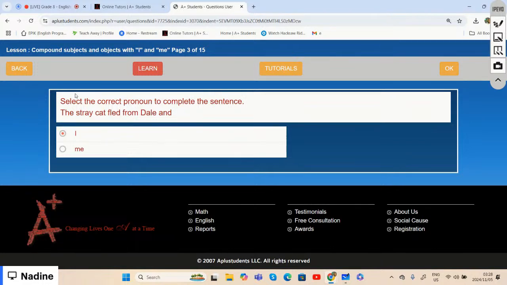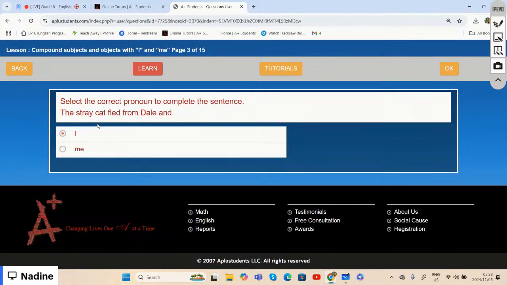So before I choose the answer, it says the stray cat. Remember, we said a subject pronoun we use usually at the beginning of a sentence. It tells us what the subject is doing. Then we have an object pronoun, and we say that the object pronoun comes after an action verb as well as after a preposition.